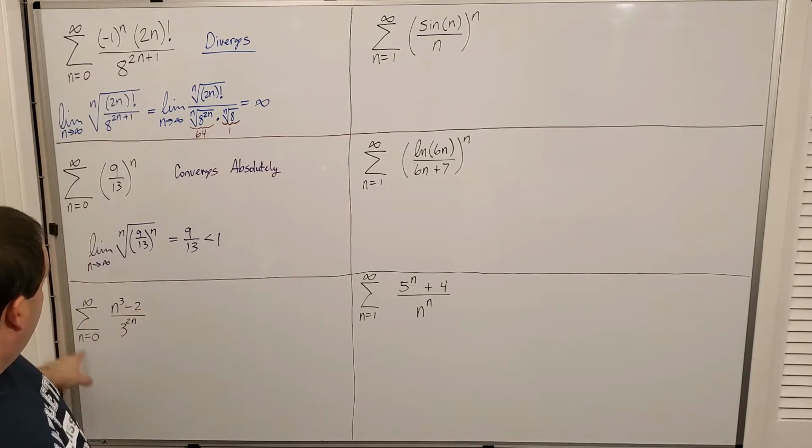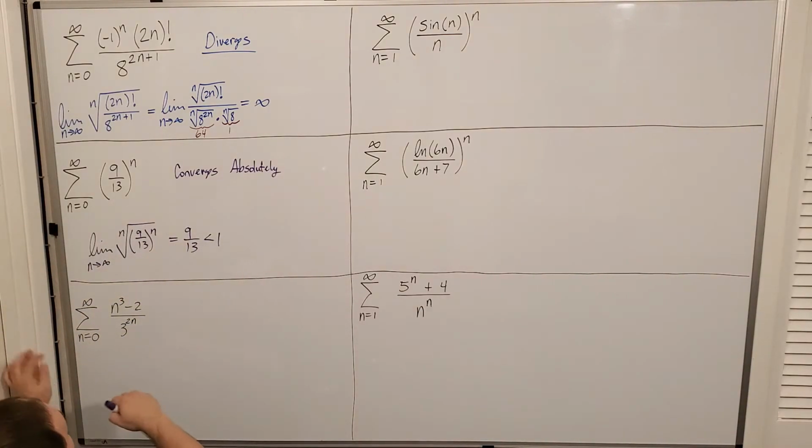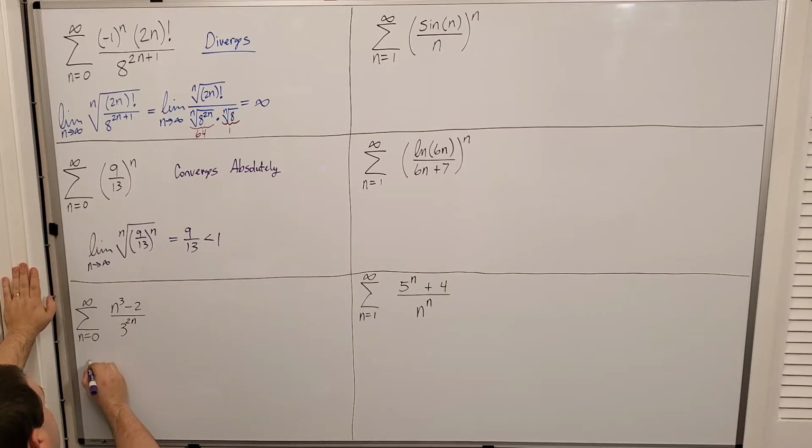Okay, this one right here. Another example of something with that n power that will work really well with this root test. If I take the limit as n goes to infinity of the nth root, I'm going to end up with the nth root of the numerator and the nth root of the denominator.